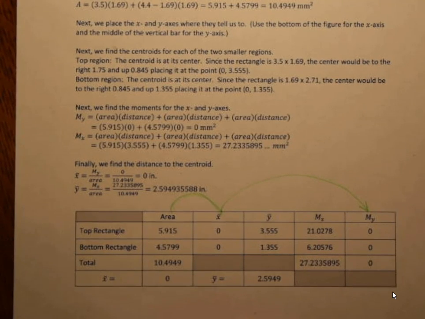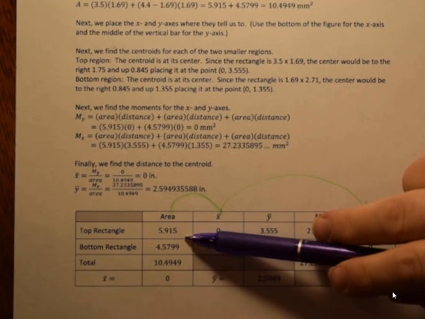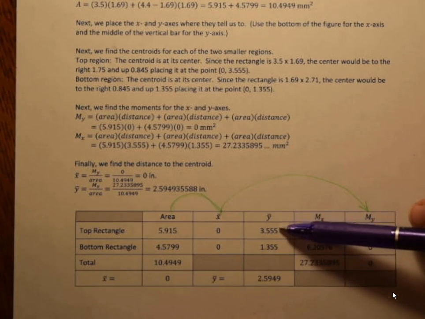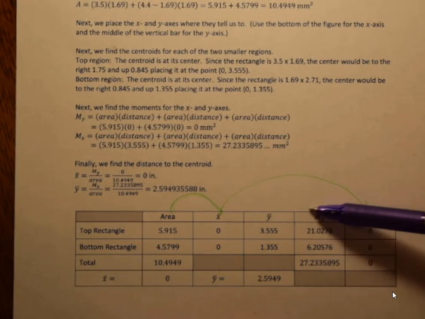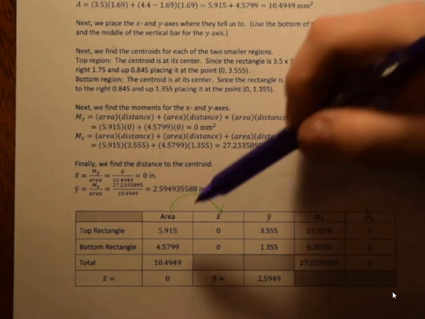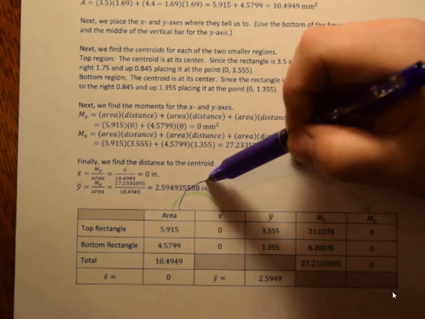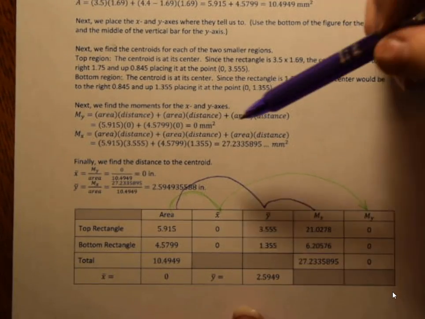Okay. And then we need to do that for the y's. We would take the area and multiply by the y-coordinates in our centroids, and that would give us the moments about the x-axis. I kind of think of it as a leapfrog.